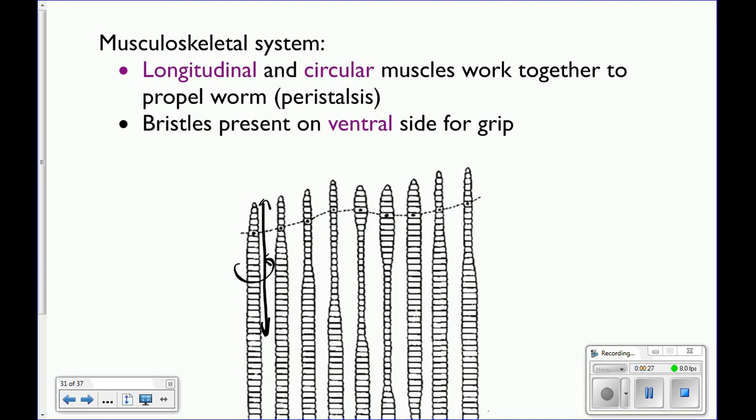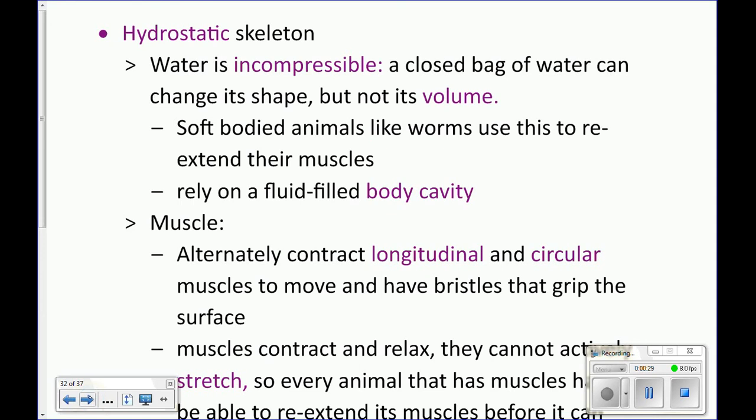In order to be able to contract and extend those muscles, worms rely on what's called a hydrostatic skeleton. Here's the main idea behind a hydrostatic skeleton. Picture a bag of water, like a Ziploc bag that you fill up at the sink and zip closed.